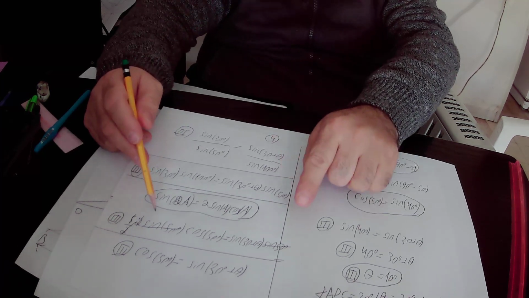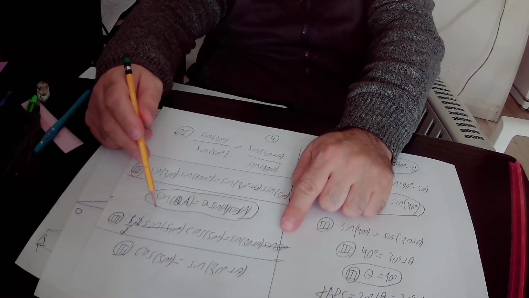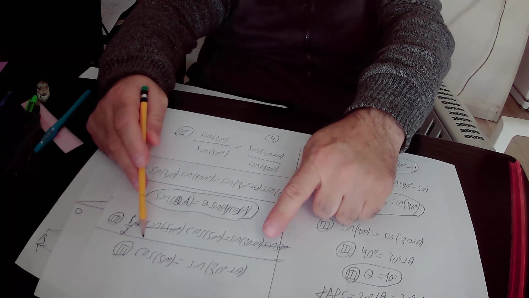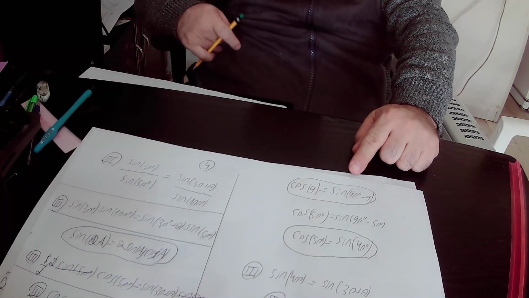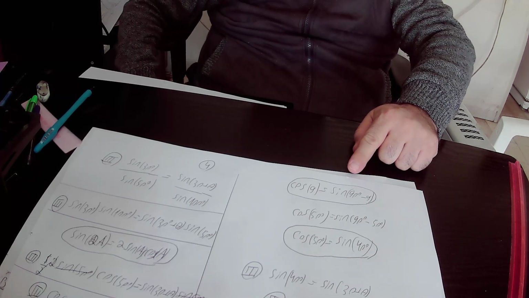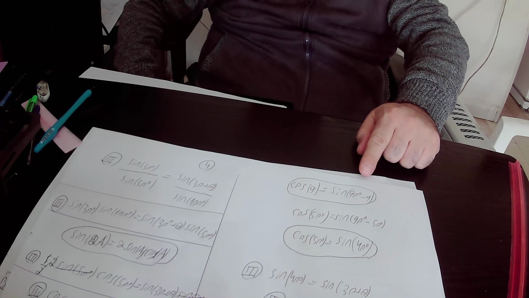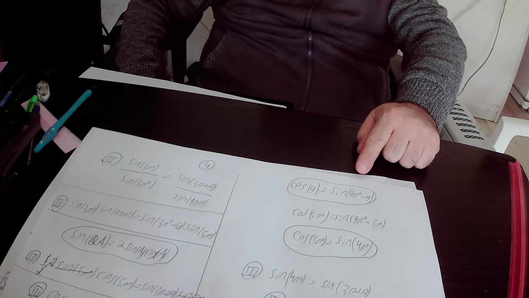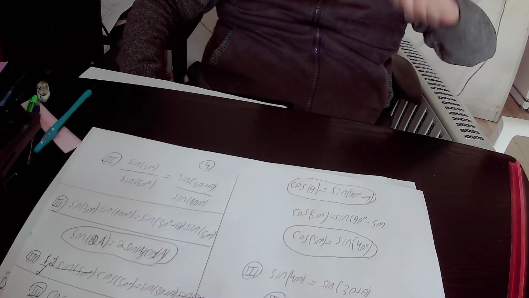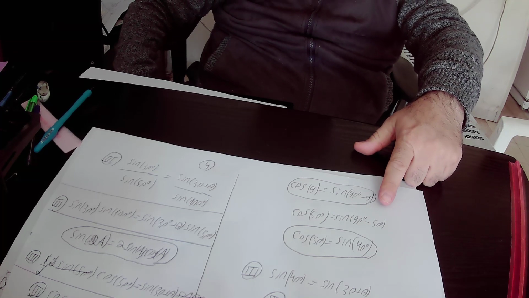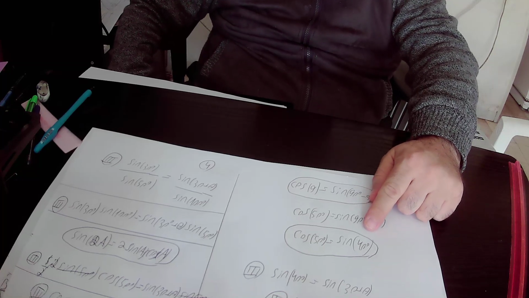We have sine 50 degrees on both sides of the equation, so sine 50 degrees gets cancelled, and we are left only with cosine 50 degrees that equals sine (30 degrees plus theta). But according to the trigonometric identity that states that cosine alpha equals sine (90 degrees minus alpha), cosine 50 degrees equals sine (90 degrees minus 50 degrees). 90 degrees minus 50 degrees is 40 degrees, so cosine 50 degrees equals sine 40 degrees.